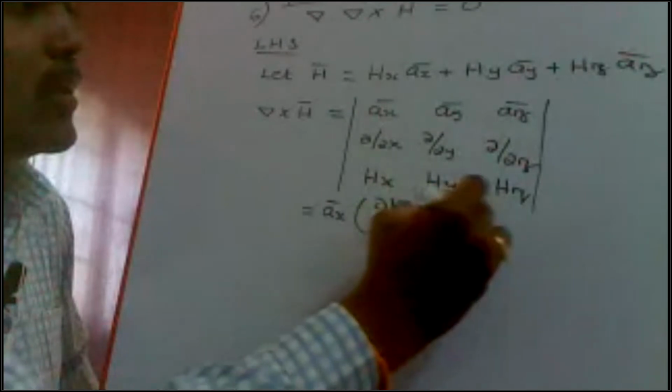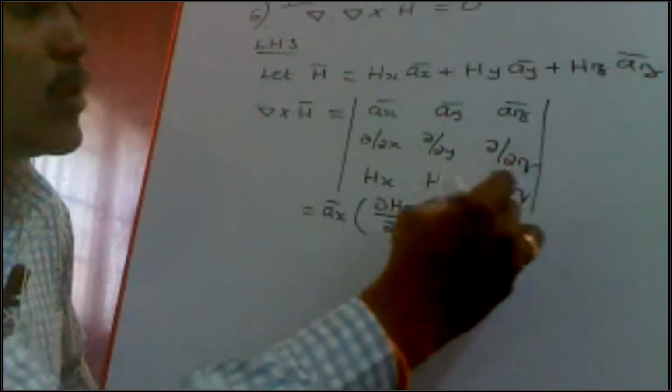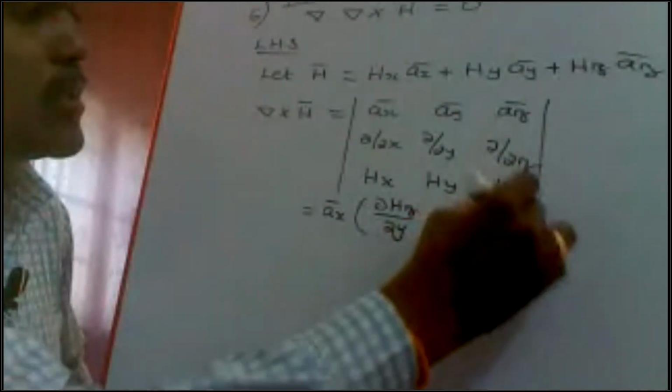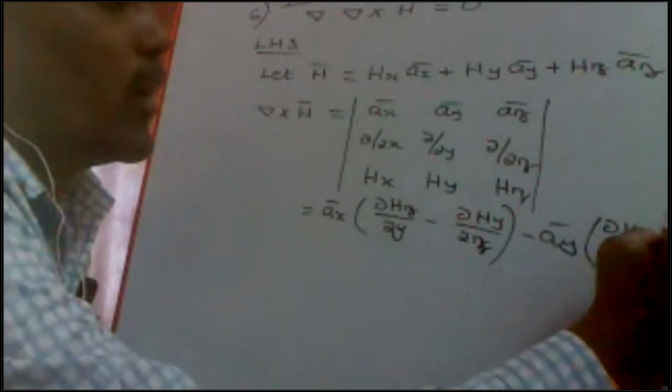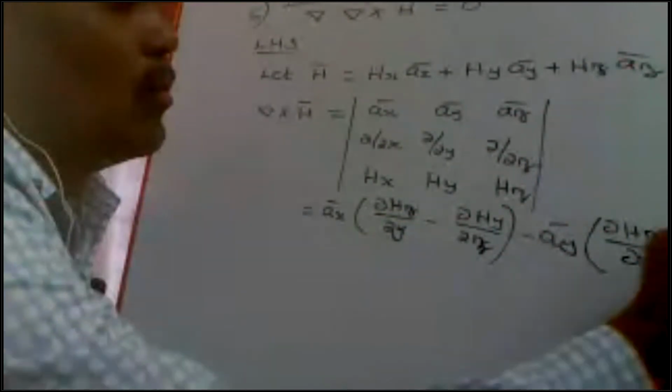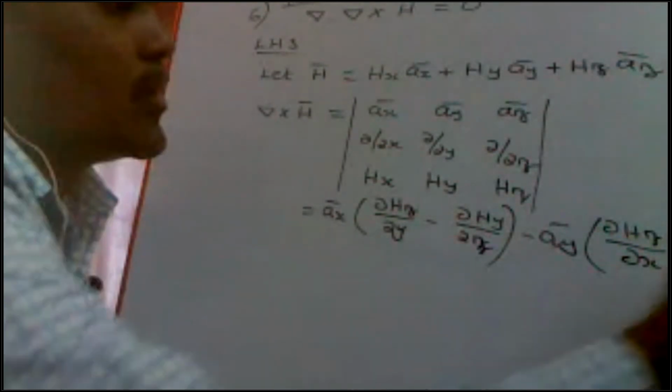So now dou hz by dou y minus dou hy by dou z. This is the first term. Then minus ay vector, into dou hz by dou x minus dou hx by dou z.